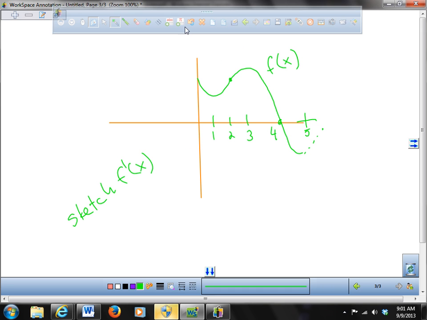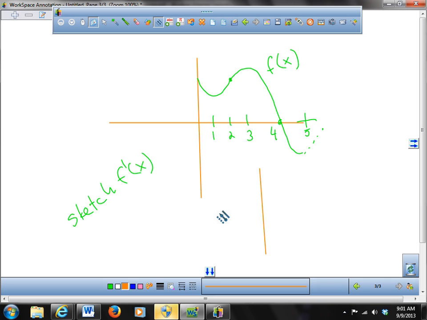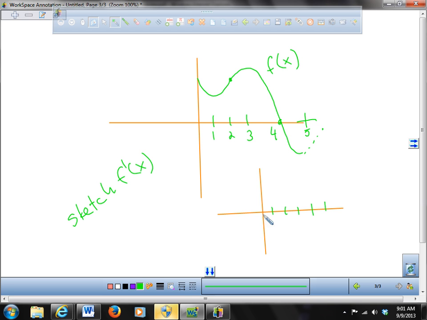So these are fun. These are like thinking problems. Watch. Real quick. Don't go yet. 1, 2, 3, 4, 5. Think about it. What is the slope here? Negative or positive?